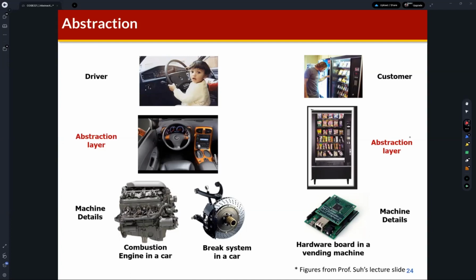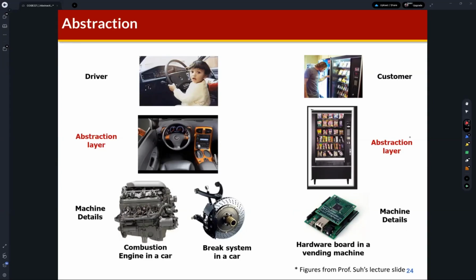I said we don't need to understand the detailed mechanism inside of a system. Also, we don't need to know the difficult concepts or knowledge inside of a system.